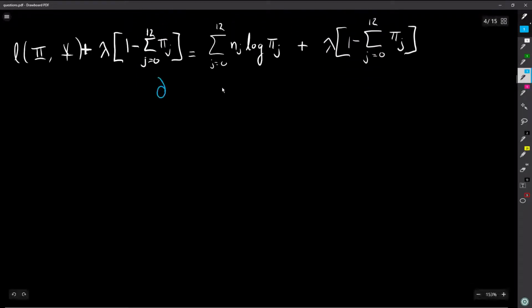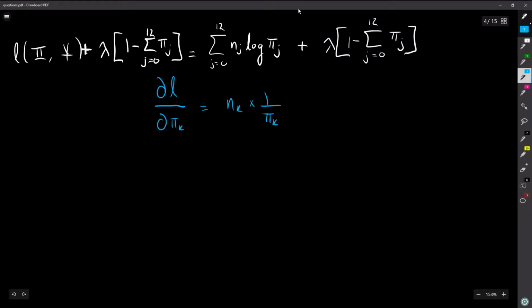So when we take the derivative of this constrained likelihood with respect to pi k, we're still going to get that as the first term, so that's nk times 1 over pi k. But now we're also going to get minus lambda, right? Because we're going to have lambda times, in this case, a 0 anywhere that's not j equal to k, and otherwise it's going to be a -1.